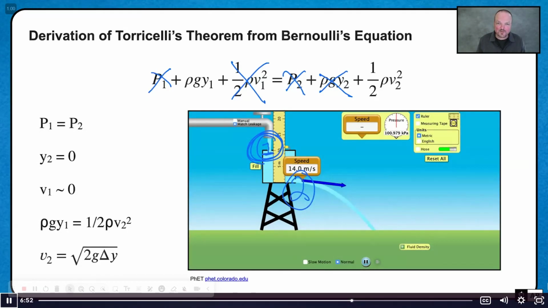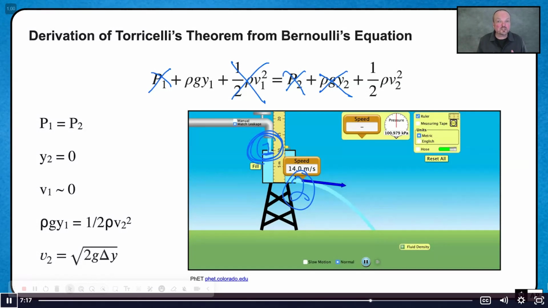What's fascinating about this equation is this is the same equation that you use to figure out how fast something is traveling when you drop it from a particular height. That if I have gravitational potential energy at a particular height, and it all is converted into kinetic energy, so my mgh is equal to 1/2 mv squared, I get the same equation.